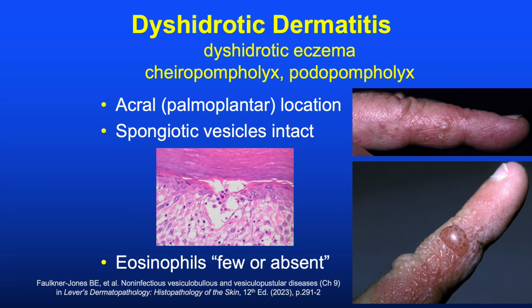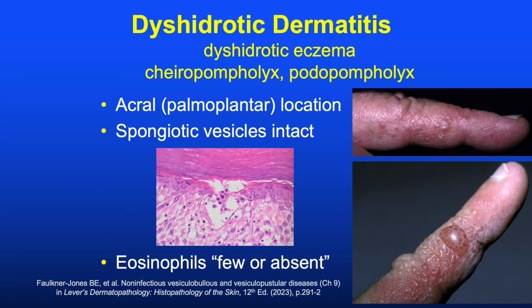Knowing that the stratum corneum of acral skin is thick and compact, when those spongiotic vesicles form, it's a lot harder for them to break or to get excoriated. And so they tend to stay intact, resulting in a very clinically distinctive appearance of little tapioca pearl type vesicles on the hands and feet, often collecting on the lateral edges of the digits.